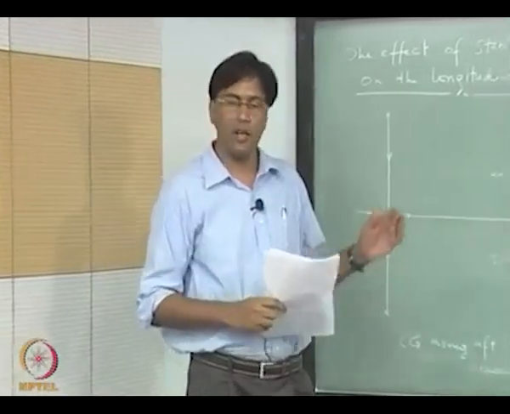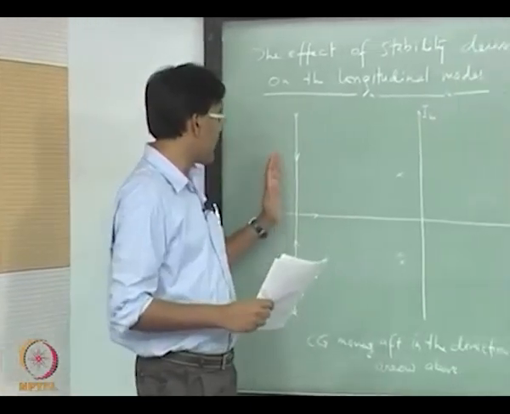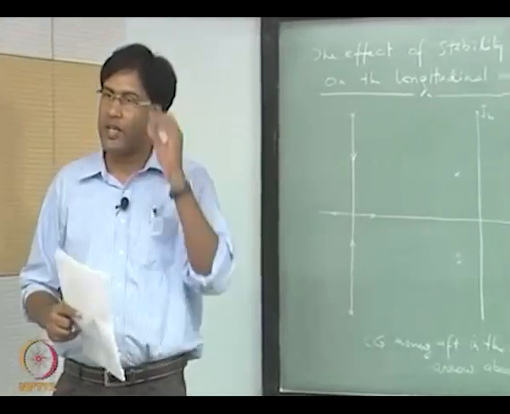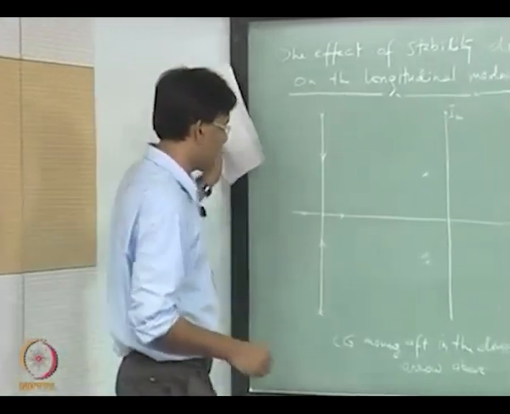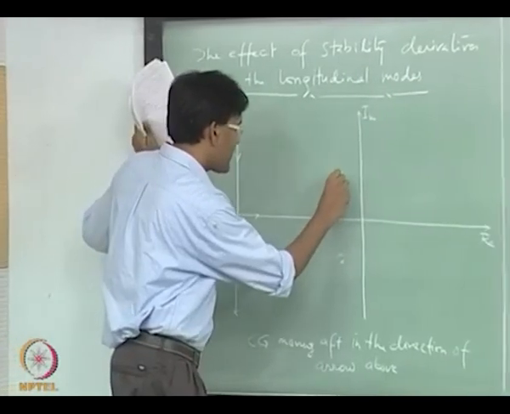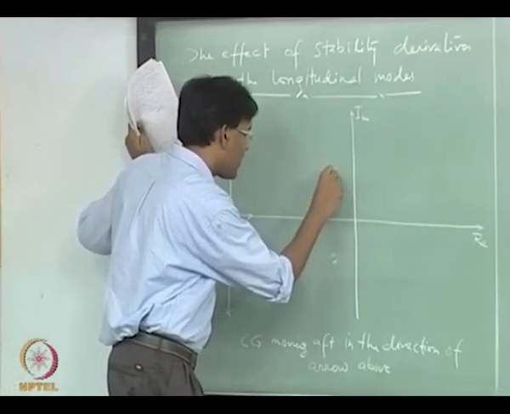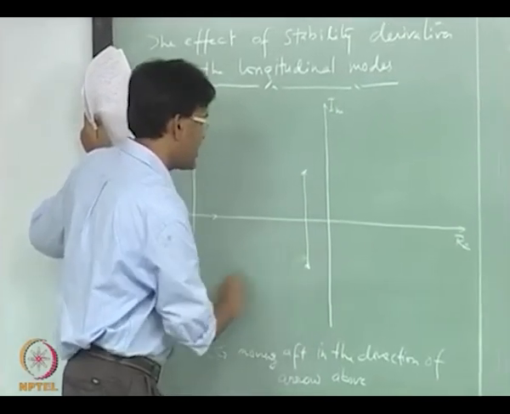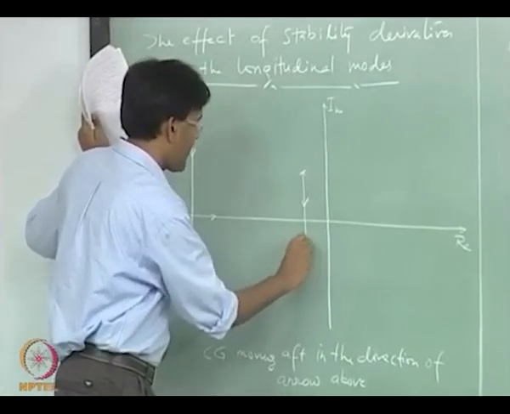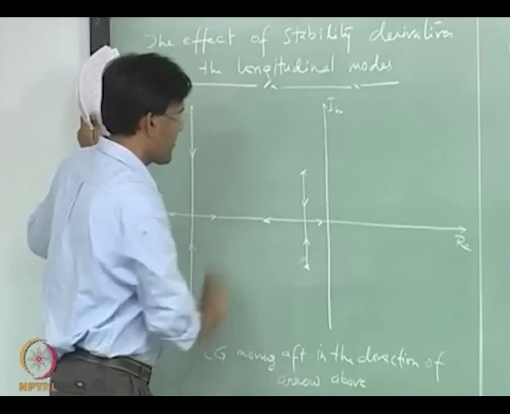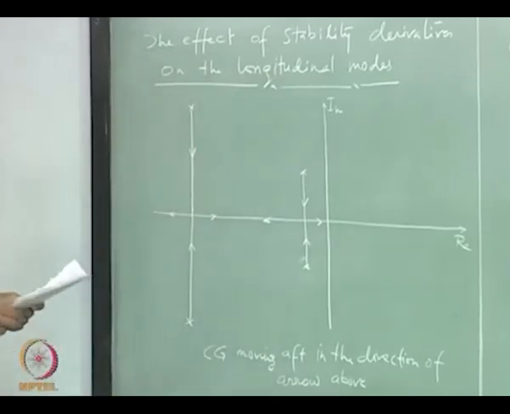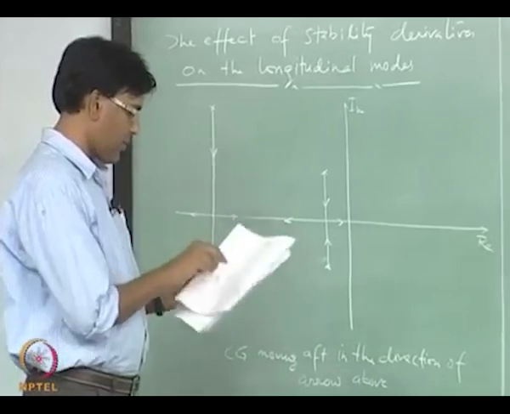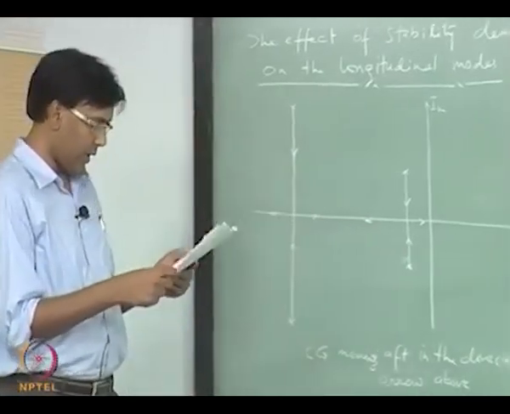So, the short period mode is going to have an effect on the phugoid mode. That is what we discussed yesterday. So, phugoid mode eigenvalues are also going to move when we change the CG.